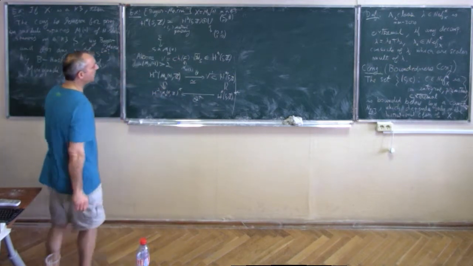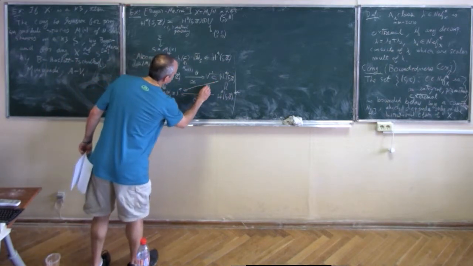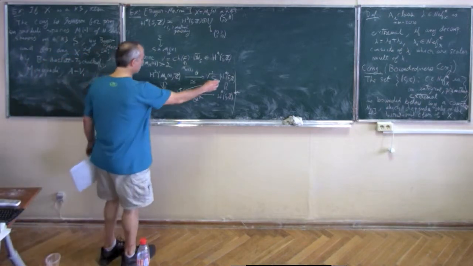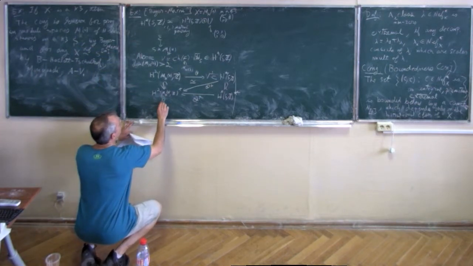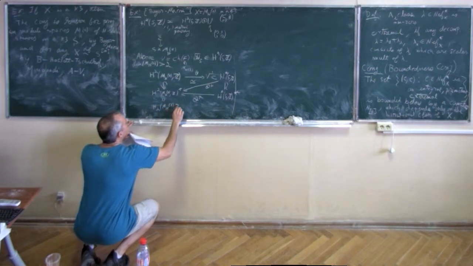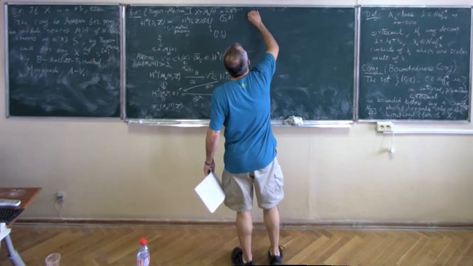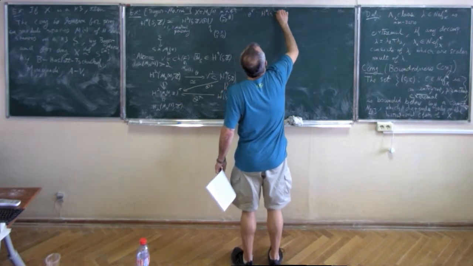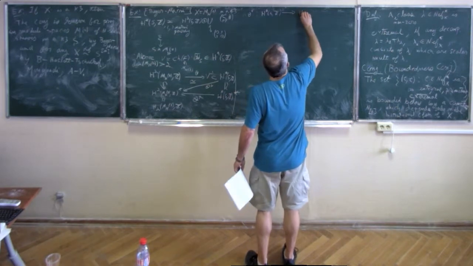This is the adjoint map, and let me call the composition theta V. So we have a map from the Mukai lattice to H lowercase 2.